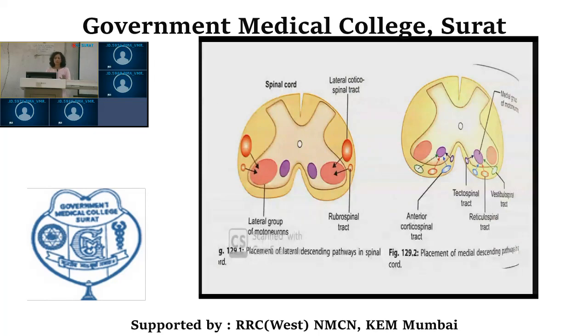Now, the 3% of the corticospinal fibers arising from the Betz cells are the fastest conducting fibers.